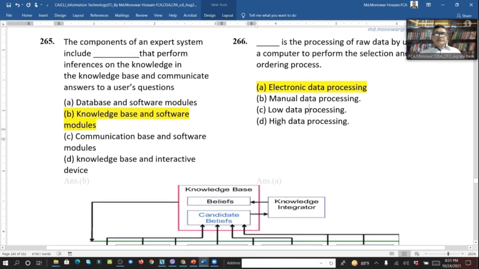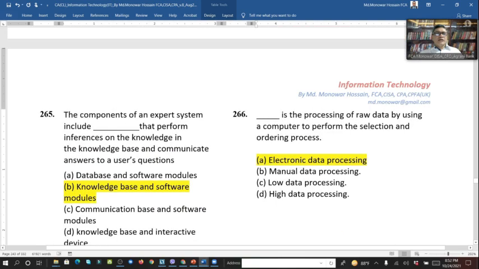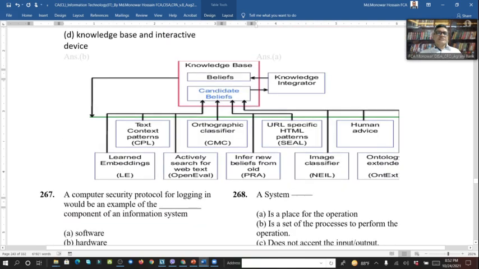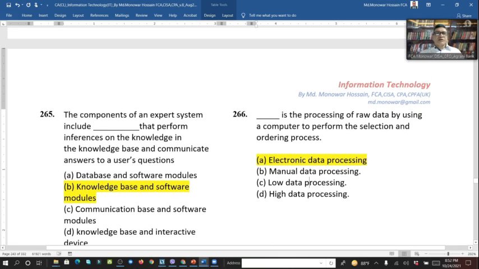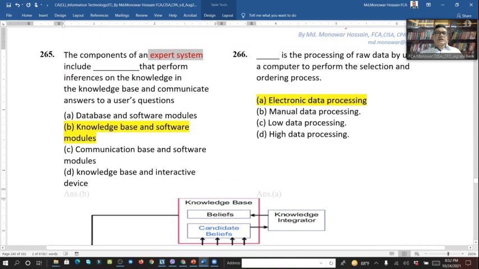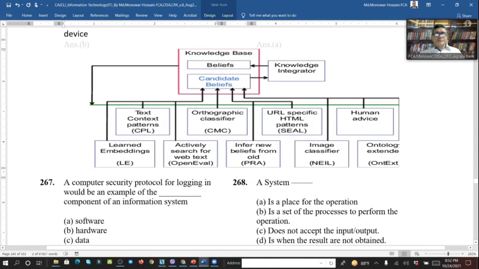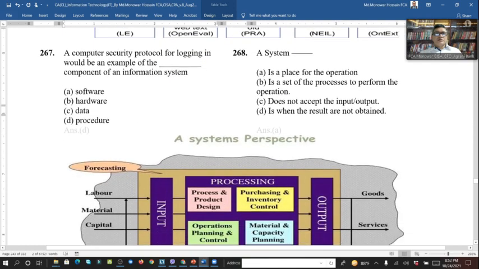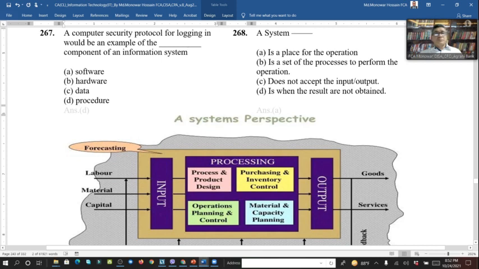Here is the knowledge base that you are working with in the expert system. This is the knowledge base and different data used with the system through the software, and it takes the expert decision from the expert system for decision making by the top management.